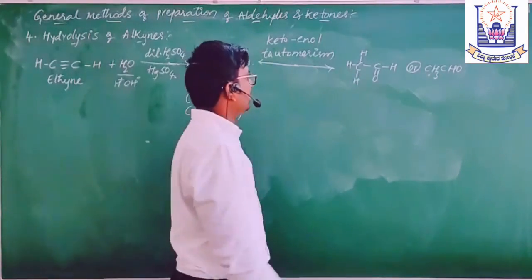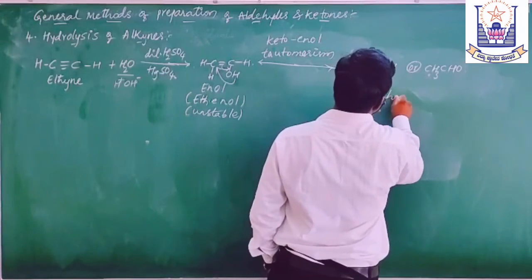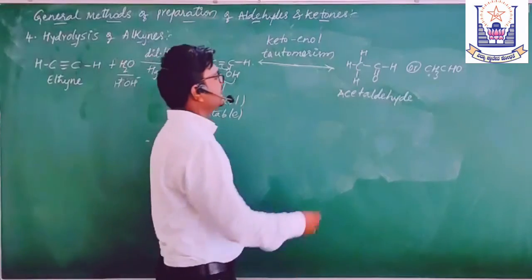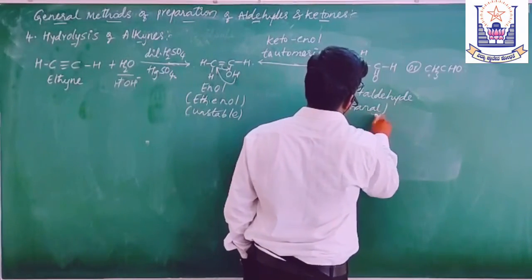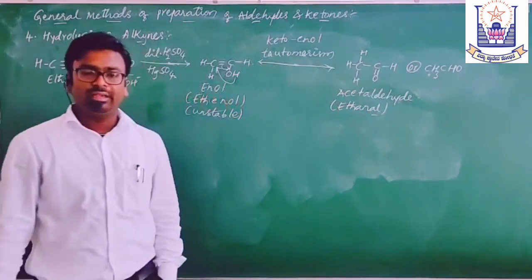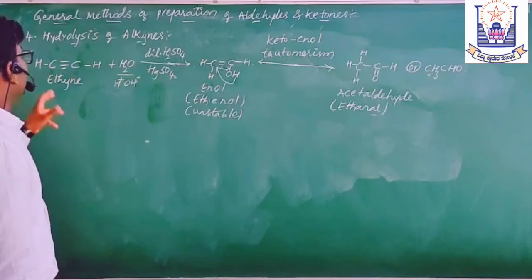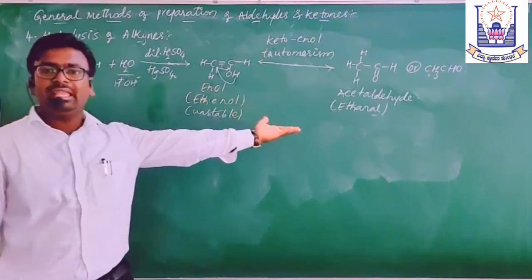The common name is acetaldehyde, and the IUPAC name is ethanal. Here AL is the suffix of the aldehyde. See, by this hydrolysis of ethyne, you are going to get an aldehyde.